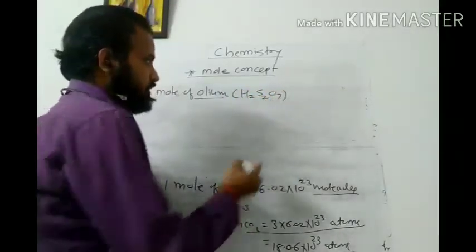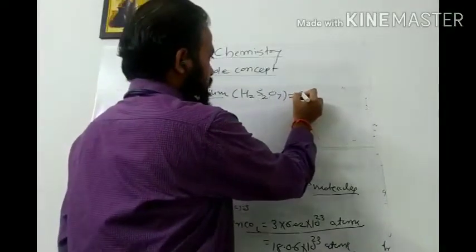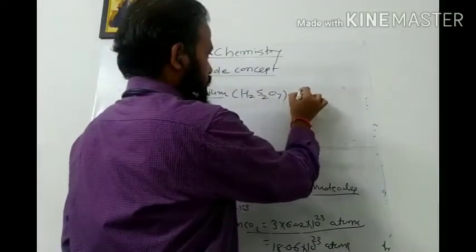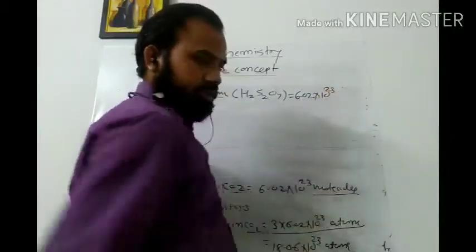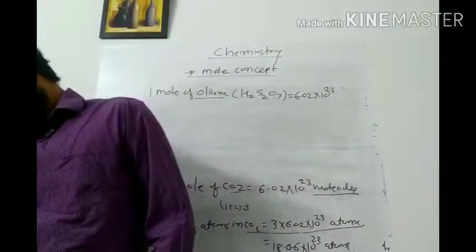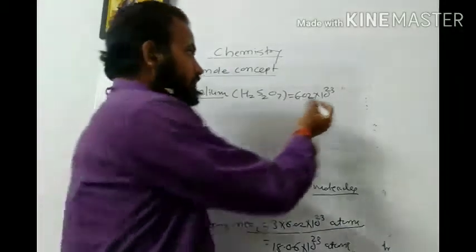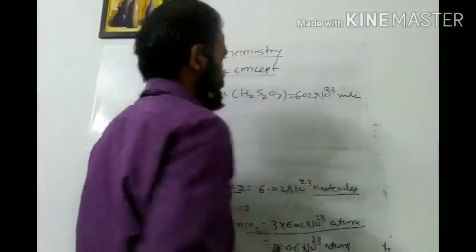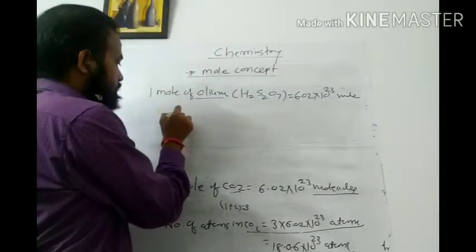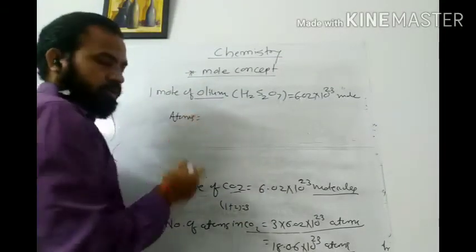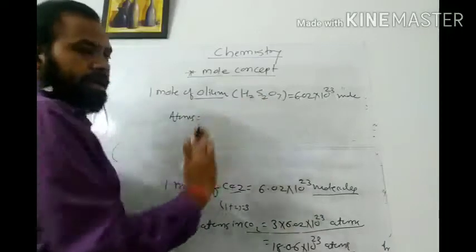Okay, so it is nothing but 6.02 into 10 raised to 23, isn't it? So that is the number of molecules, because it is available in the form of molecules. If I want to calculate atoms, as we already discussed, we have to multiply it by atomicity.